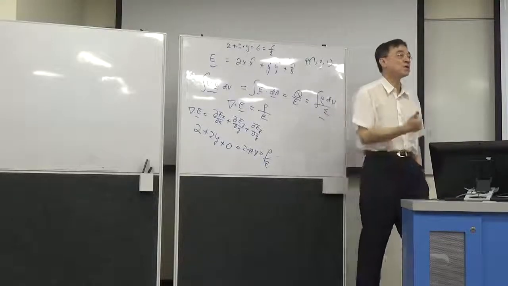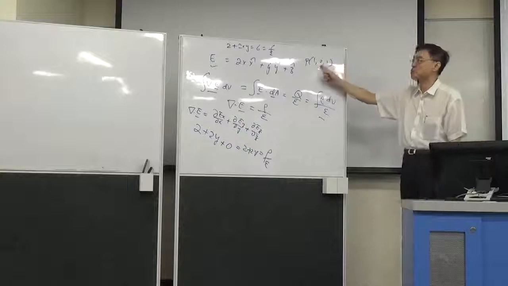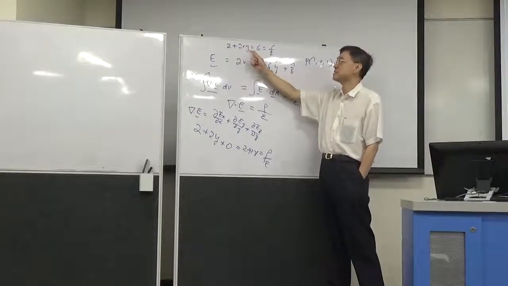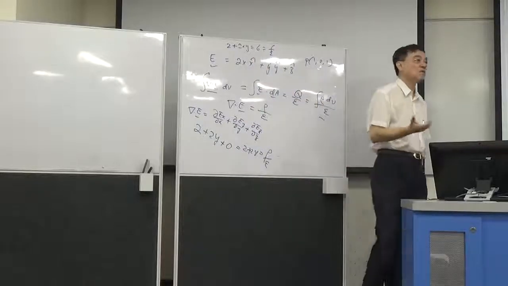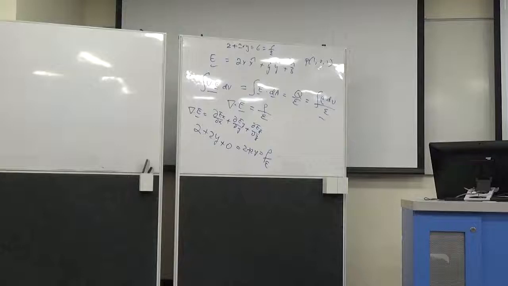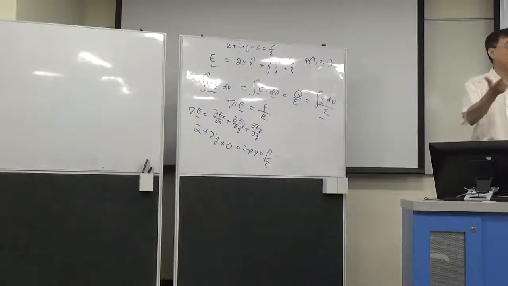Now at the point 1, 2, 1, that means y equal to 2. So 2 plus 2 times 2 equals 6. So rho is equal to 6 epsilon naught. So the answer is D. Everybody okay?